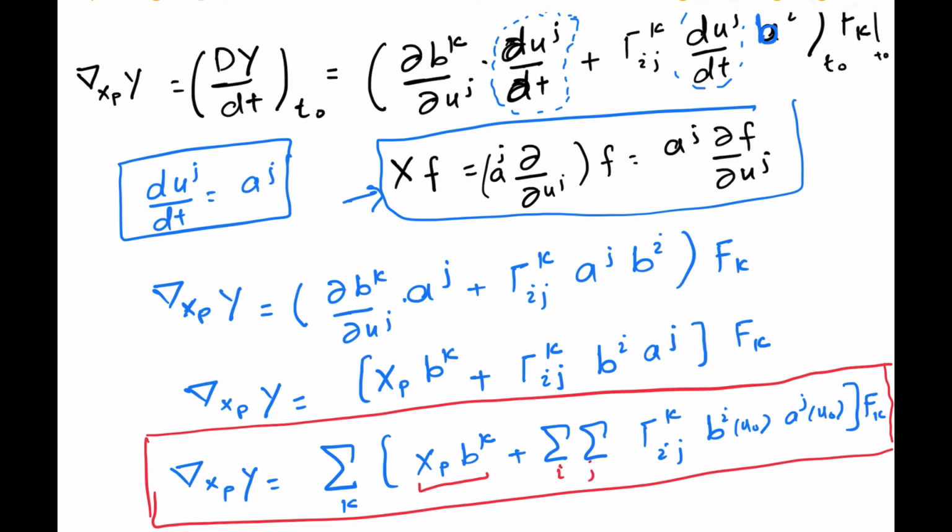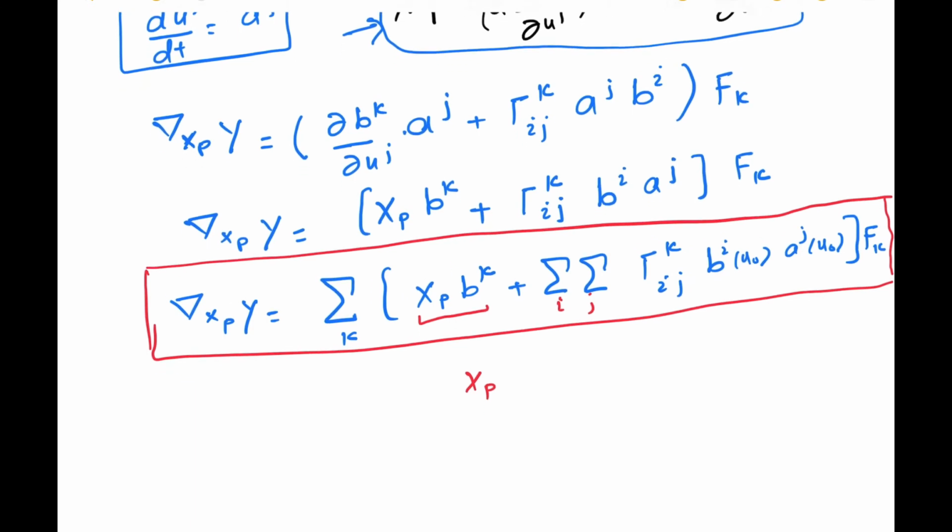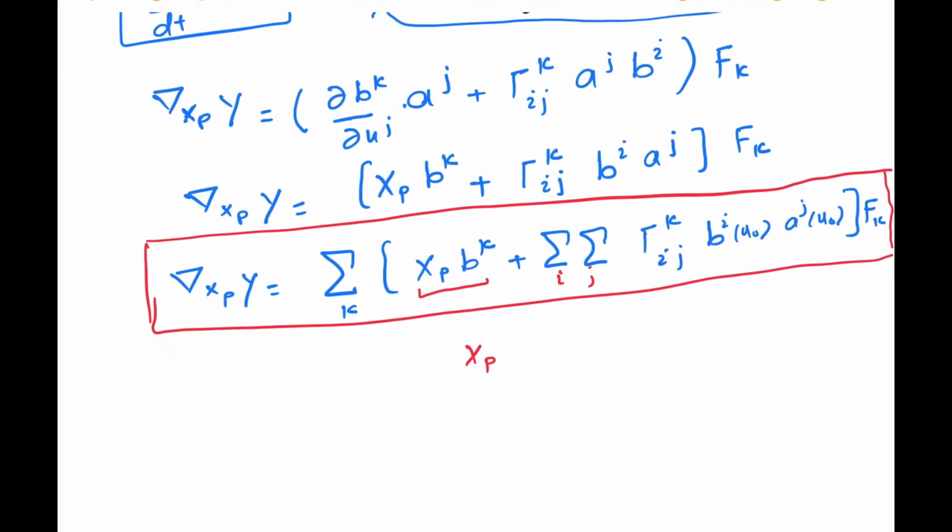This summation is actually over i and j. This is the beauty of this formula, because we don't see anymore this expression for partial bk partial t, which requires bk at different points.